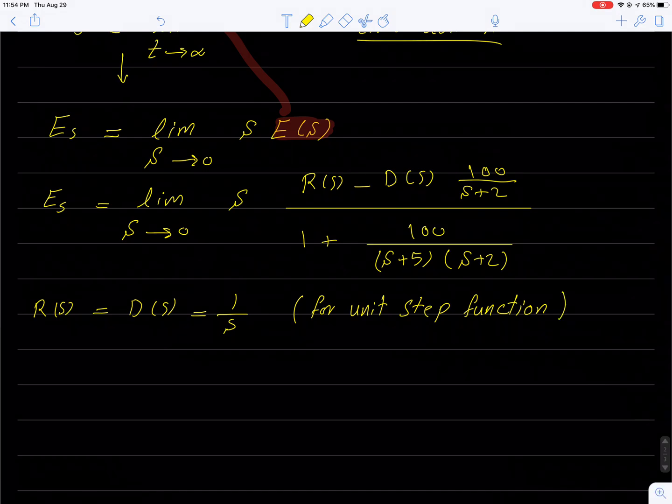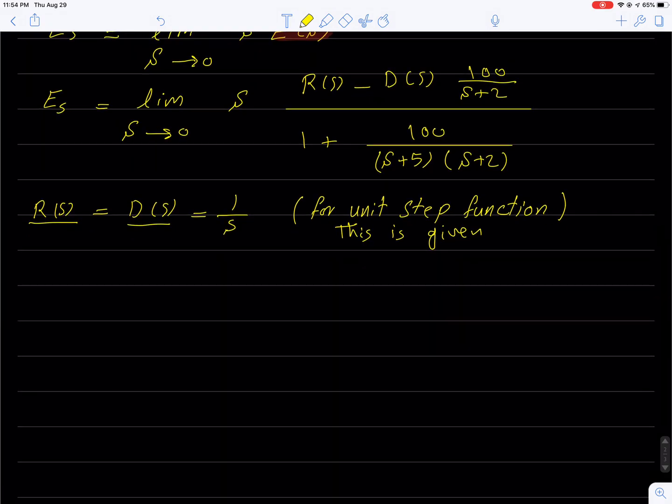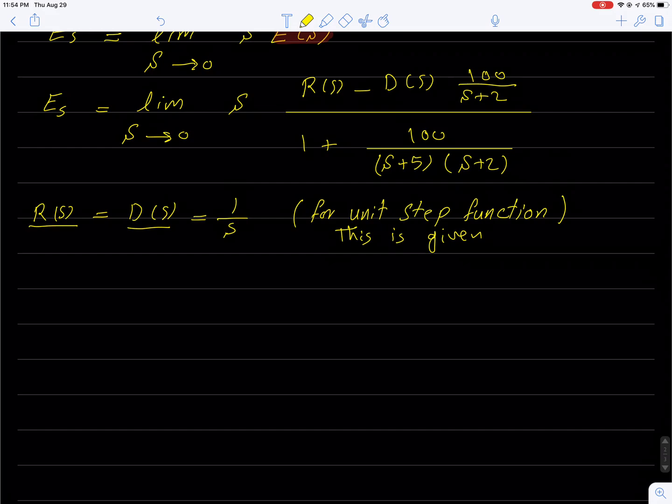And this is given, so I'm gonna write it here. D of S is the disturbance signal, R of S is the input signal, and they're both unit step functions. We use U of t usually to show the unit step function, and the transform is 1 over S. Okay.